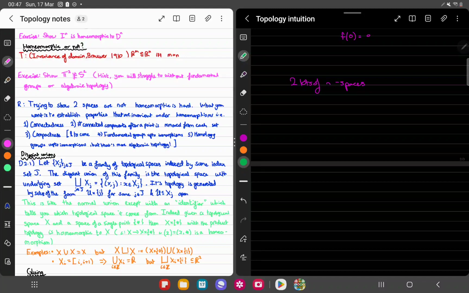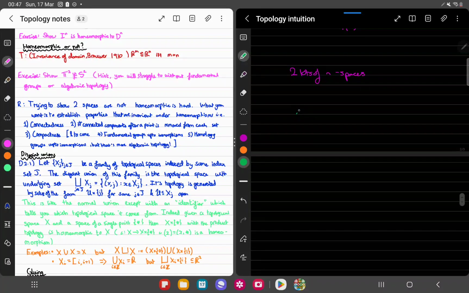So what you want to end up doing is show properties that are invariant under homeomorphism. And that is because, say, maybe X and Y are homeomorphic, and then I end up doing something and I get some structure, A of X and A of Y, and I expect that maybe this has a property here.